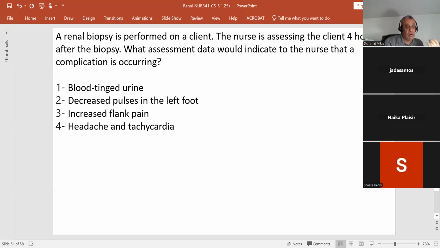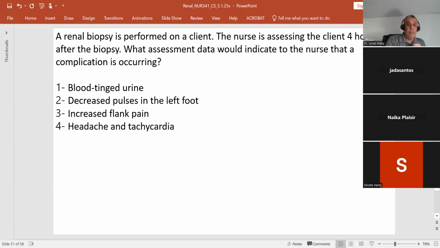The needle puncture of the kidney may cause some blood-tinged urine. That's expected, we expect that, but it should not be grossly bloody. So a lot of blood, no. Small blood-tinged urine is fine, but gross blood in the urine should not be expected.